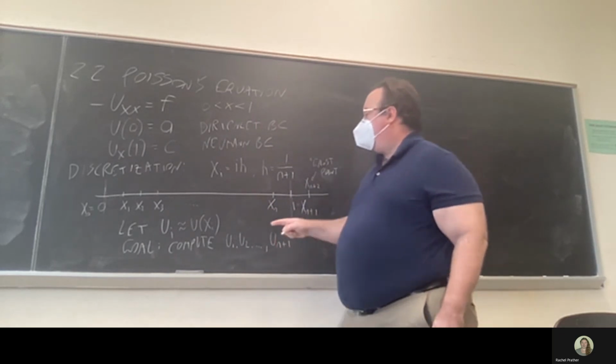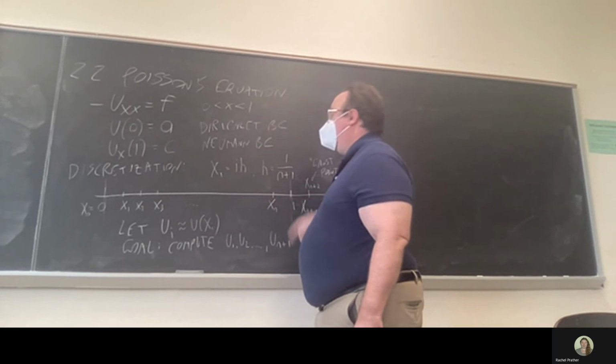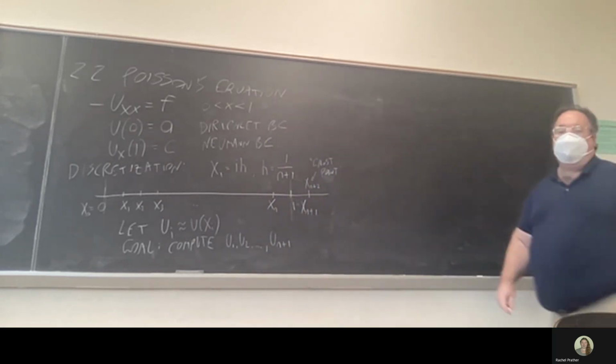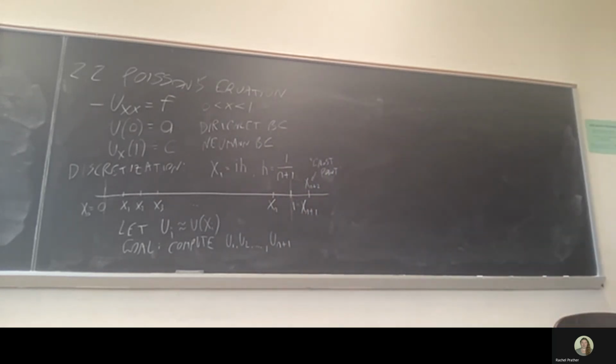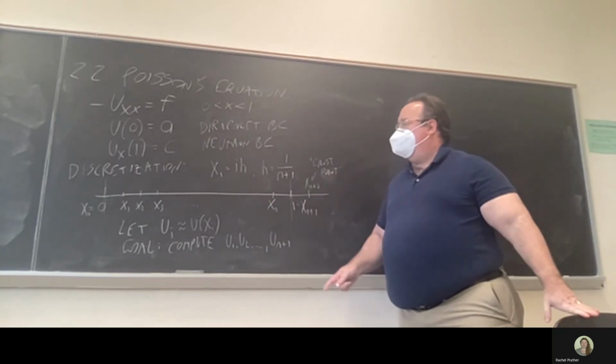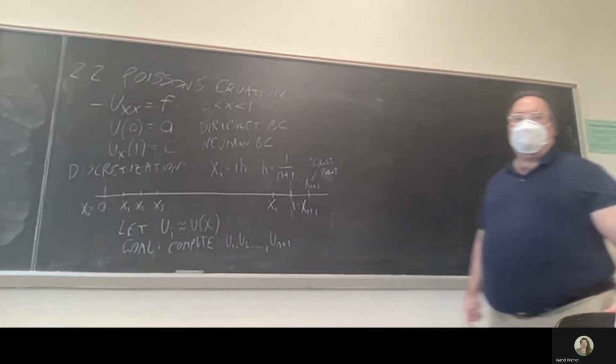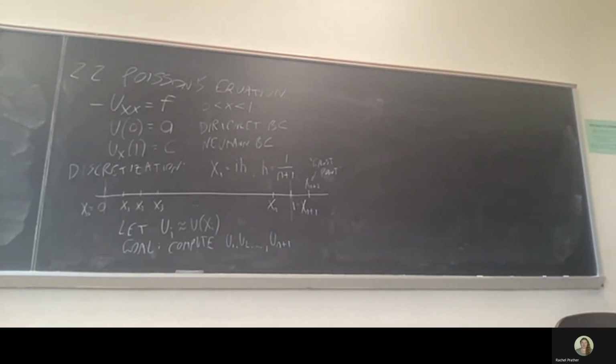So we try to compute the solution at all of these points, everything in the interior, and also this right boundary point. How come I did not include in that U_0, the value of U at the left boundary? How come I did not need to do that?